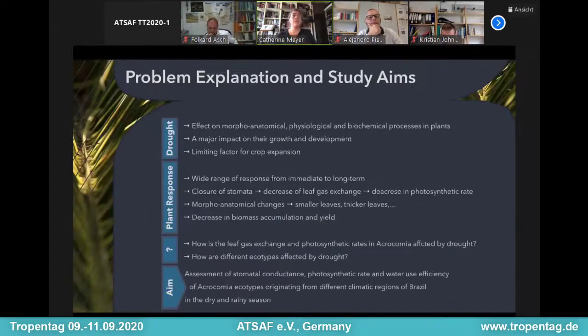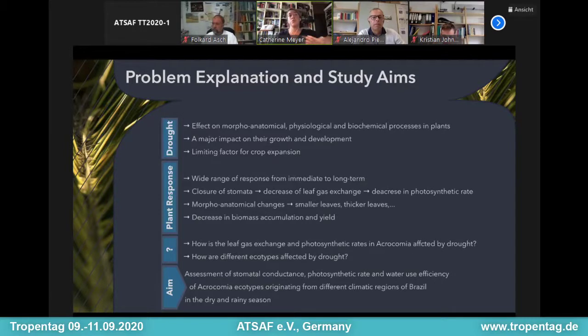As already said, we are studying the effect of drought on Acrocomia, and drought has an impact on a huge variety of processes in the plant, affecting plant growth and development. Drought is also a limiting factor to crop expansion into new growing areas. The plant response has a wide range of levels from immediate to long-term effects.